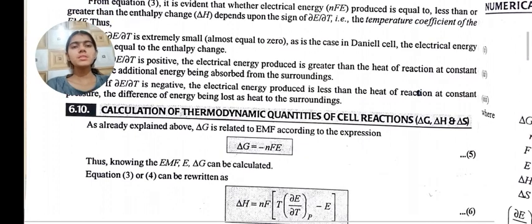Then we will discuss the calculation of thermodynamic quantities of cell reactions, that is, ΔG, ΔH and ΔS. As already explained above, ΔG is related to EMF according to the expression ΔG is equal to minus nFE. Thus, knowing the EMF E, ΔG can be calculated.